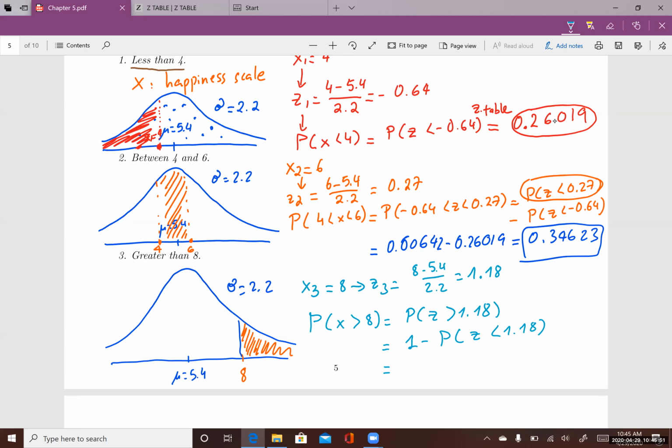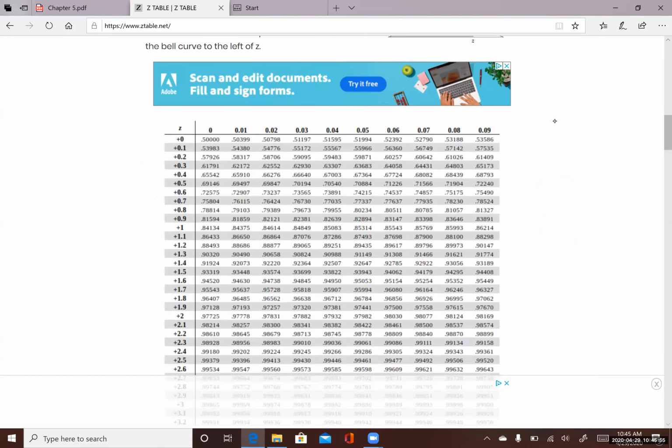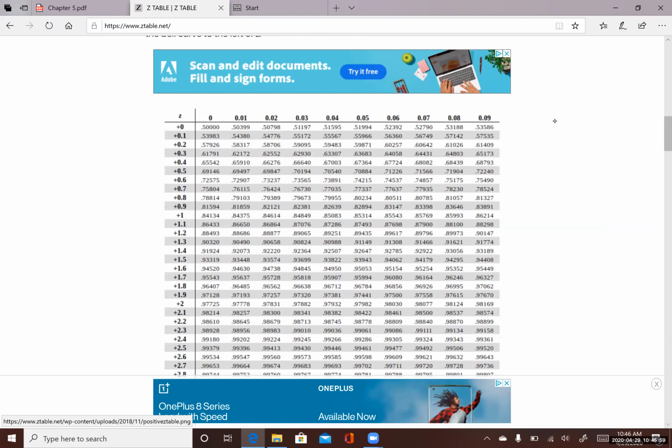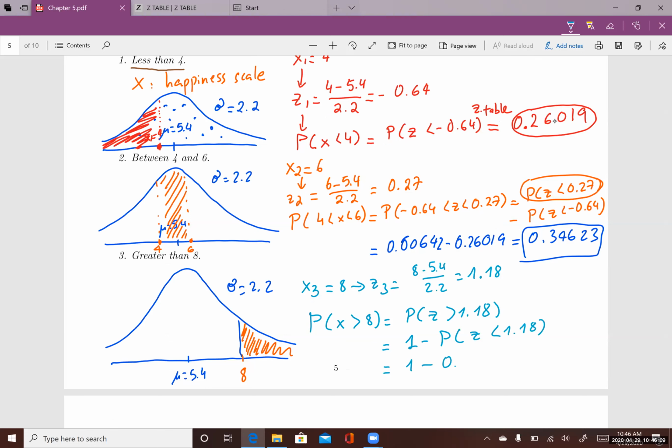Look at the z table. For 1.18, it is 0.88100. And the answer is 0.119.